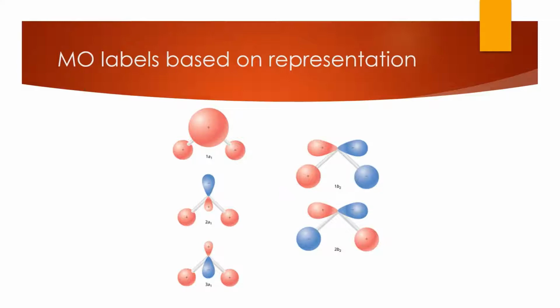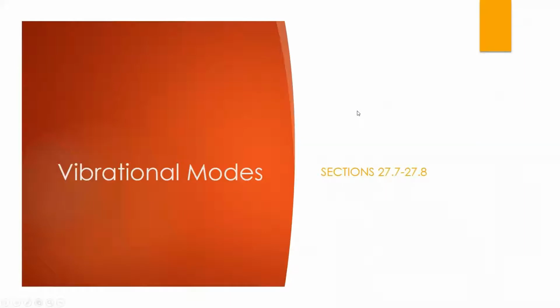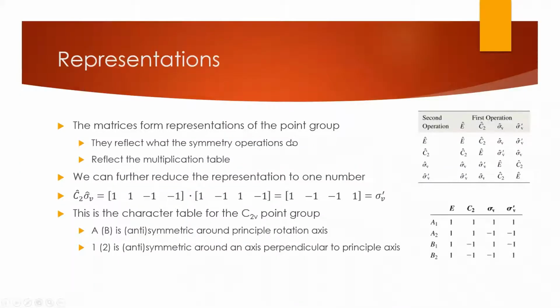So this shows us that all of the information we need is described in this character table. Okay, so we can do the same thing for the two mirror planes here as well.